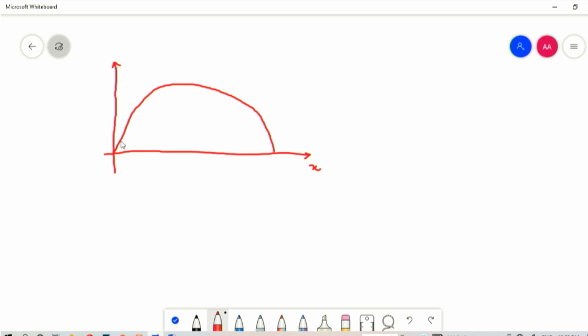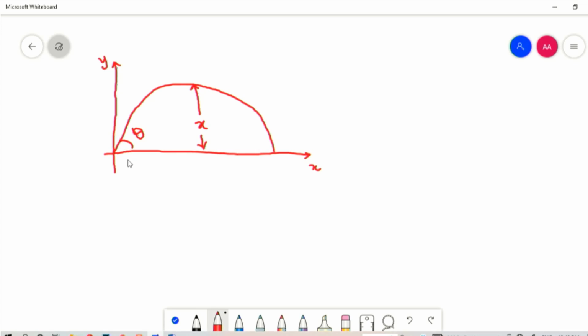This is the angle theta with which the particle is kicked. Then we have a maximum height here, which is the total maximum distance the particle attained before falling back to the plane of projection.